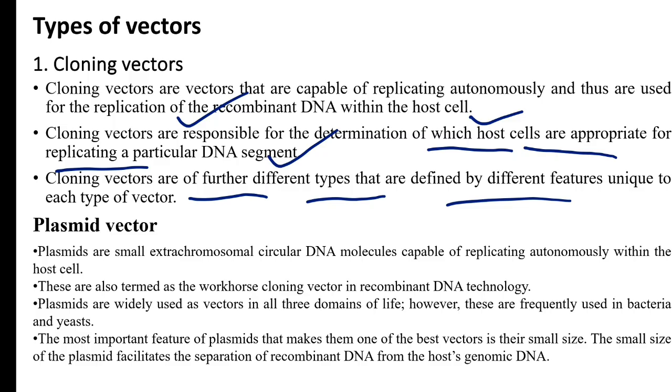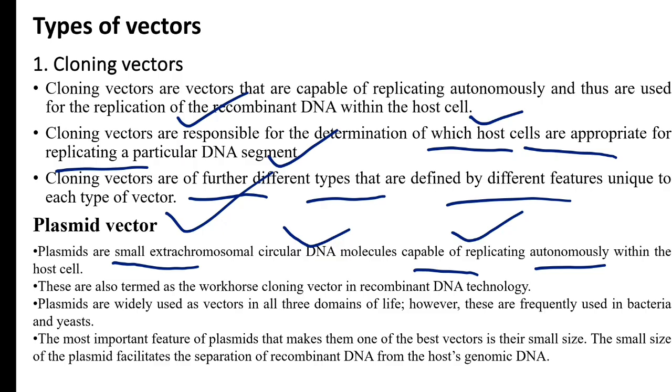Next, one of the most important cloning vectors is the plasmid vector. So what is a plasmid? It is present mostly in bacteria, and these are small extrachromosomal circular DNA molecules which are capable of replicating autonomously within the host cell, and these are naturally occurring vectors.